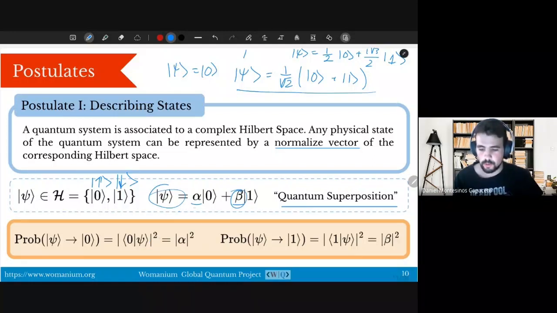At the end, it's going to be the modulus square of this complex number, because this can be a complex number, and if it is a real number, it will be just the absolute value square. And the same for this one. If you want to know the probability for your general state to go to the 1 state, just perform this operation, and it will be the modulus square of the complex number beta.